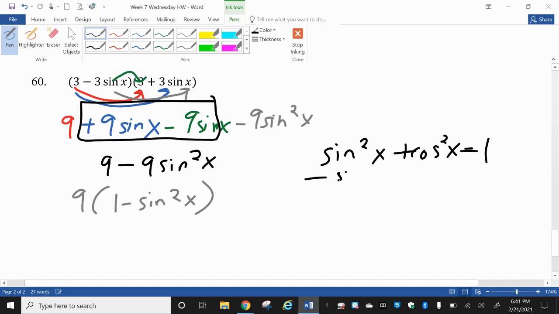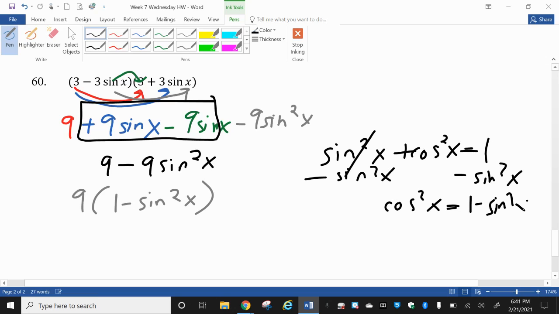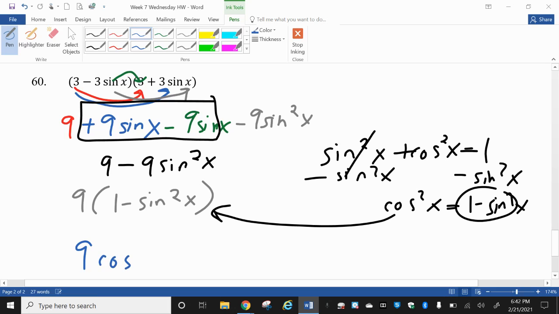We're going to subtract sine squared from both sides. That cancels, we're left with cosine squared of x is equal to 1 minus sine squared of x. So all of that will get replaced with cosine squared of x, for a final answer of 9 cosine squared of x.